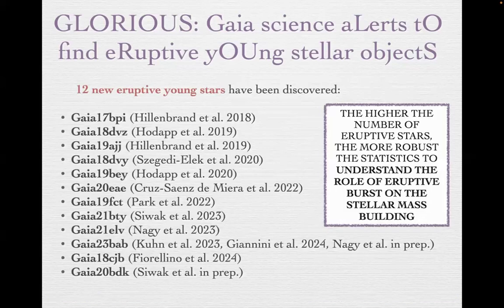And thanks to this, we discovered in the last years up to 12 new eruptive young stars. Now, it's not a lot, but since we were starting from 60, it is however something. And the higher the number of eruptive stars, the more robust the statistics to understand the role of eruptive bursts on the stellar mass building. So here it's really a matter of numbers.